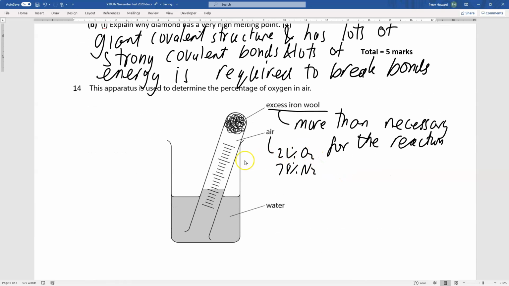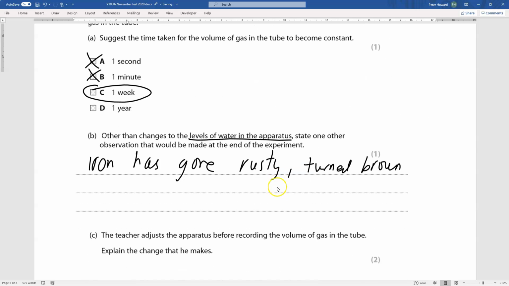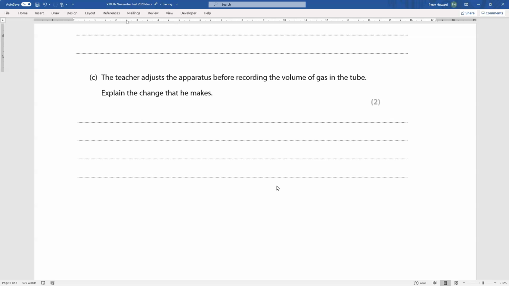So if we look at this diagram, these little lines represent the scale which we use to measure it. At the moment, if we were trying to take a reading from here, it wouldn't be ideal. So what do we need to do? We need to hold the tube upright, or hold the tube vertical.